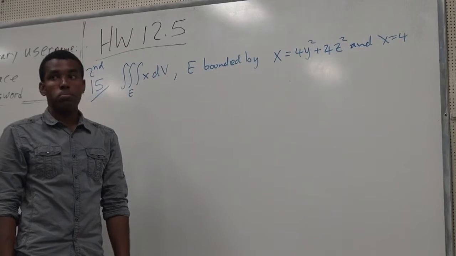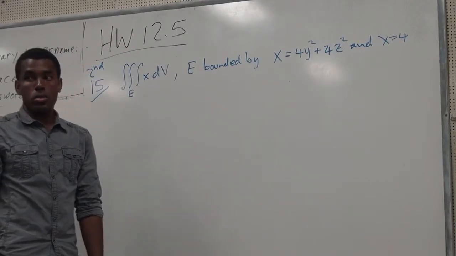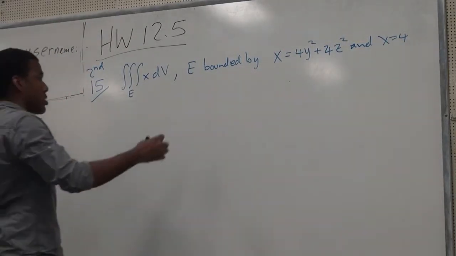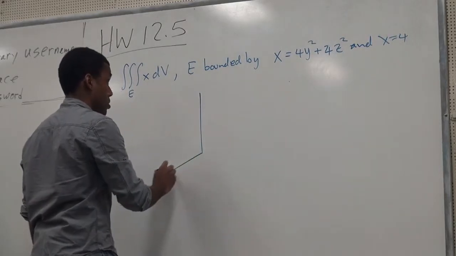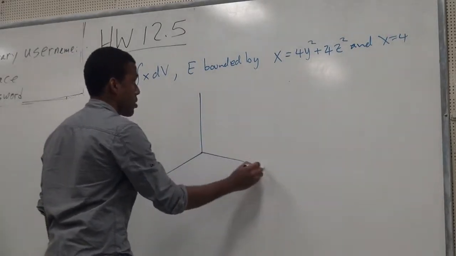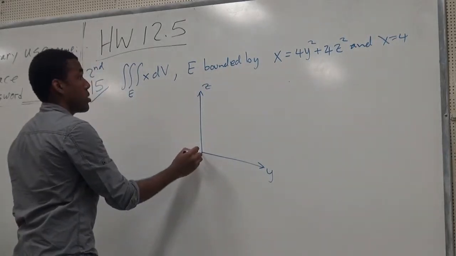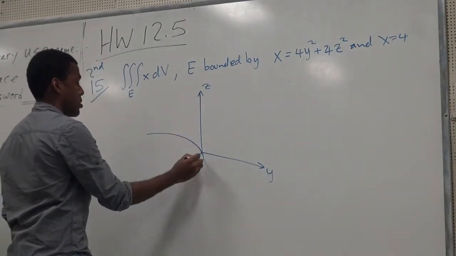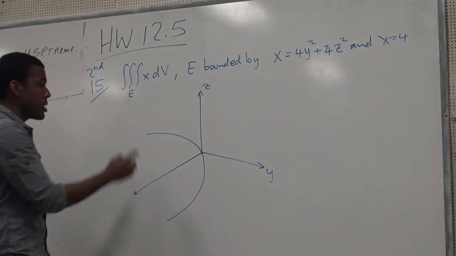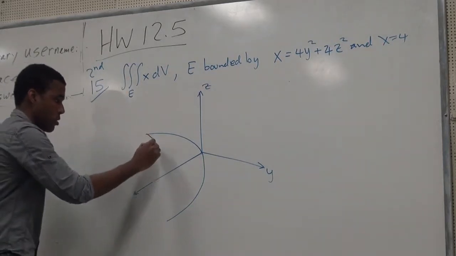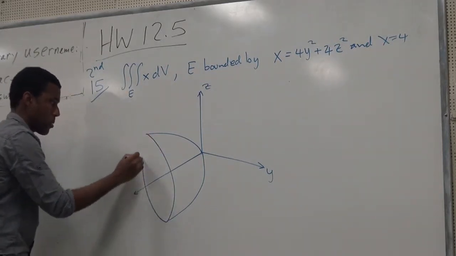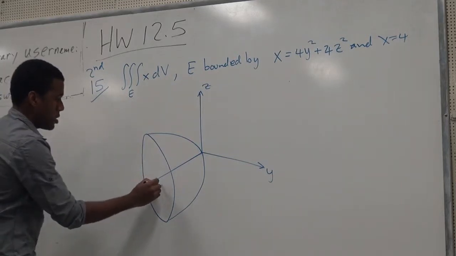Your parabola coming out on the x-axis. So the parabola is coming up towards the x-axis, and it's cut off by the plane x equals 4.